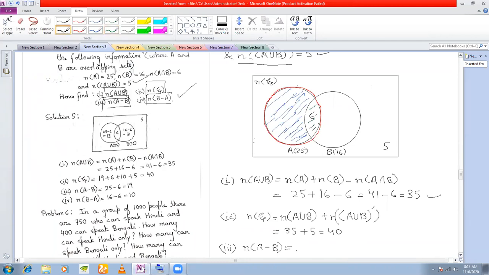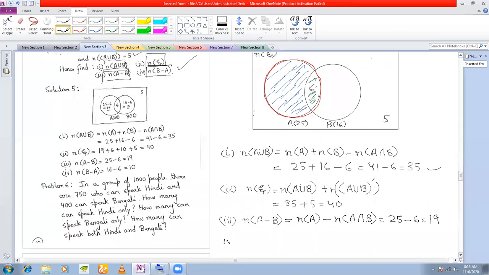And what is this? What is the set that is represented by the red circle? It is cardinality of A. And what is the set that is represented by this green shaded part? That is A intersection B. So this is 25 minus 6, which is 19.